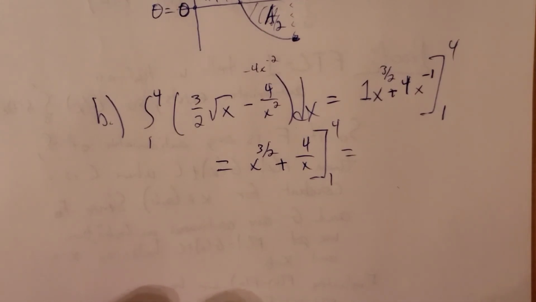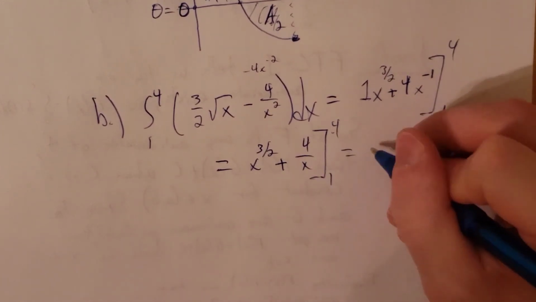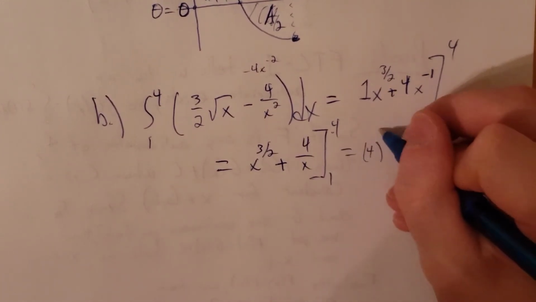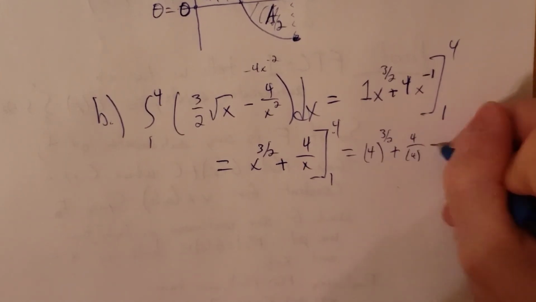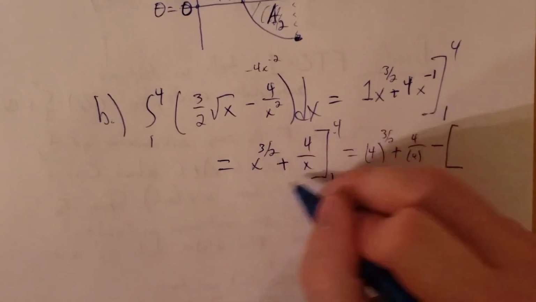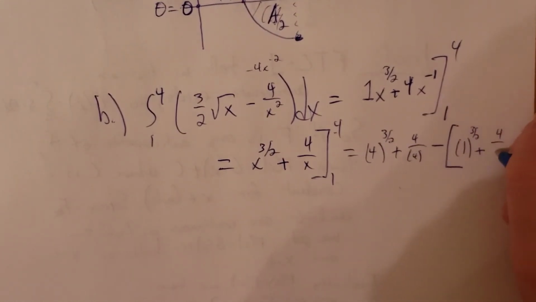And then we do our calculation, which is we evaluate this function at the second value, 4. So we have 4 raised to the 3/2 plus 4 over 4. And we subtract off this evaluated at 1. So that is 1 raised to the 3/2 plus 4 over 1.